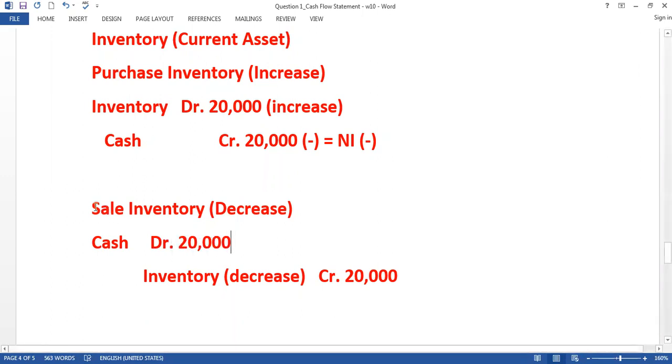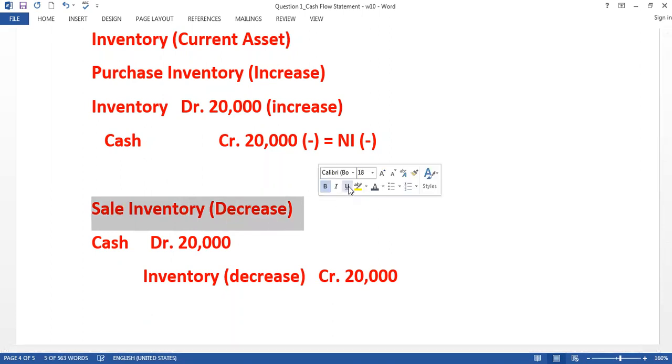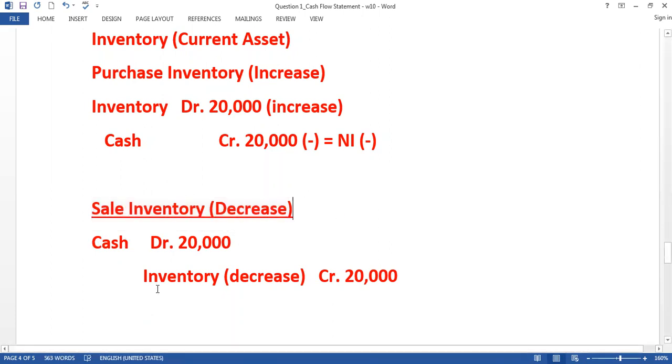Do you understand? We sell our inventory. The journal is inventory credit, inventory decrease, and we receive cash. Cash receipt means here cash is plus. So how to make the equal relationship? If cash is plus, net income should also be plus, right?